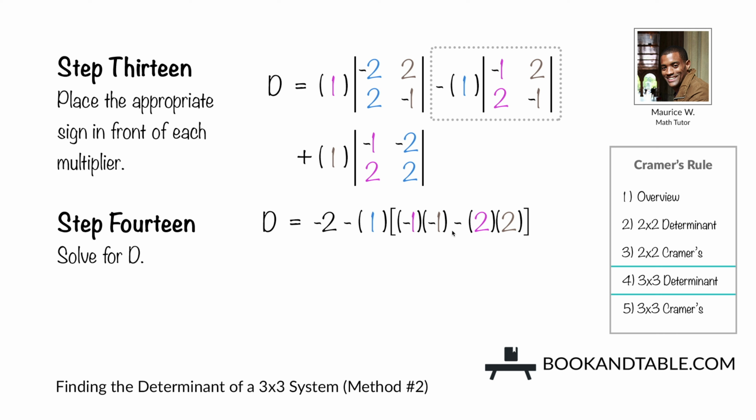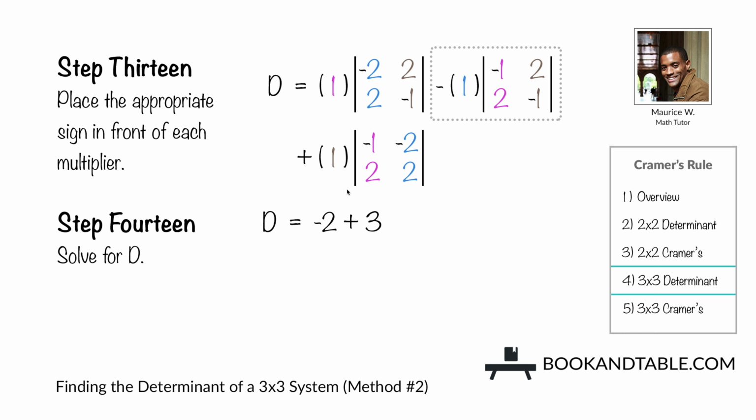Positive 1 minus 2 times 2 would be 4. So we get 1 minus 4. And 1 minus 4 would be negative 3. 1 times negative 3 is negative 3. Minus negative 3 is equivalent to plus 3. So now we know this 2 by 2 is equivalent to positive 3.